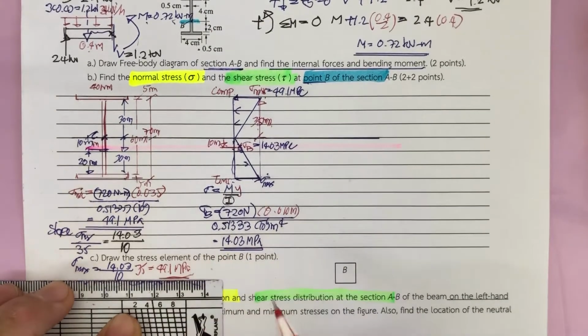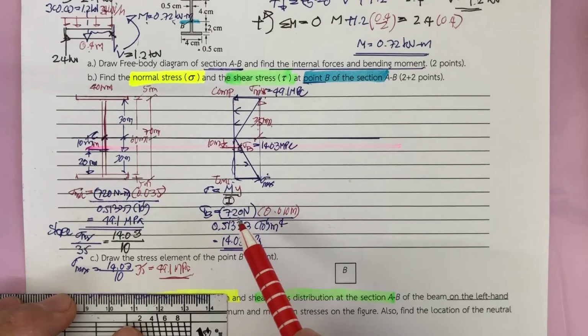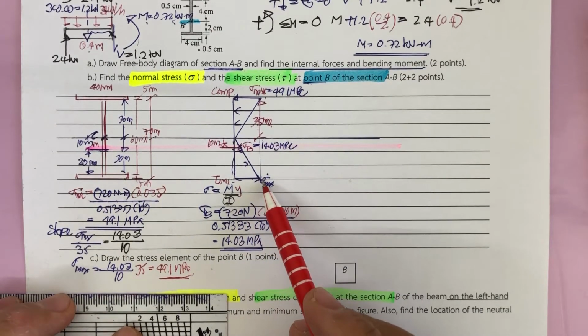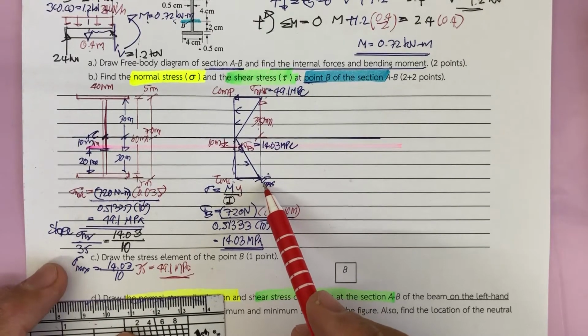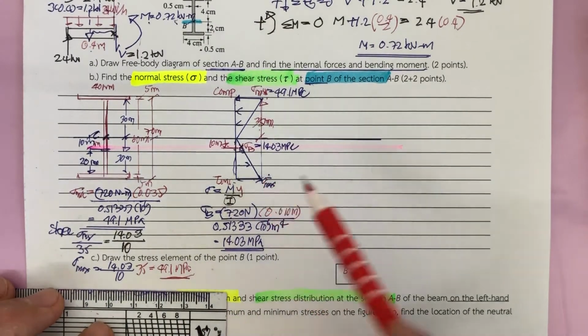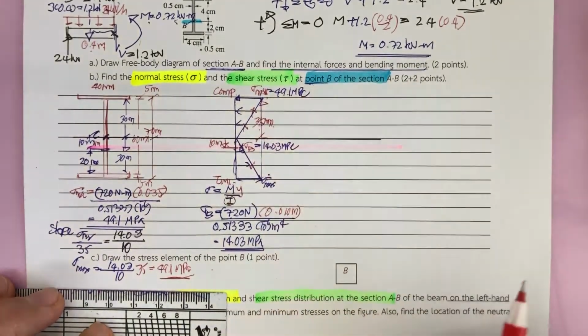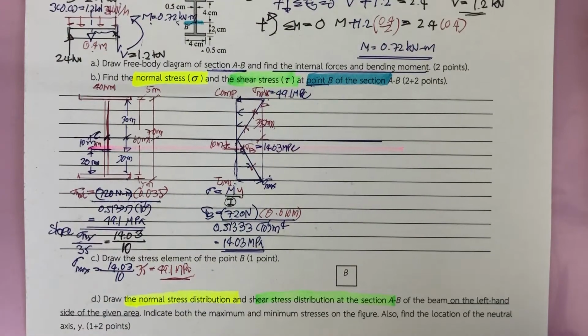So the value of sigma can be determined first by the flexure formula, and then for the other points, since the distribution is triangular, you can use the slope to determine the stresses. It's really easy and convenient to do so, right?